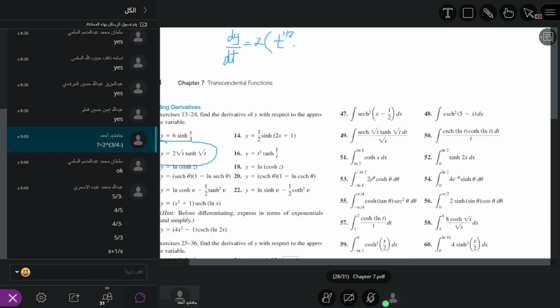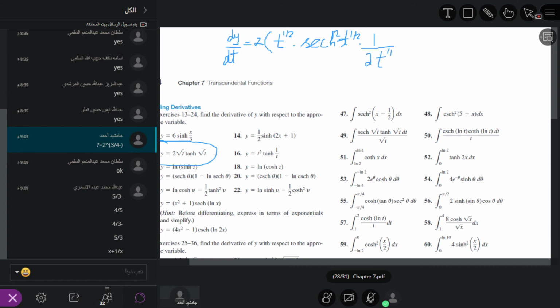What is the derivative of tan hyperbolic t power 1 by 2? It is sec hyperbolic square t power 1 by 2 dot the derivative of the angle. The derivative of the angle is 1 divided by 2 t power 1 by 2.